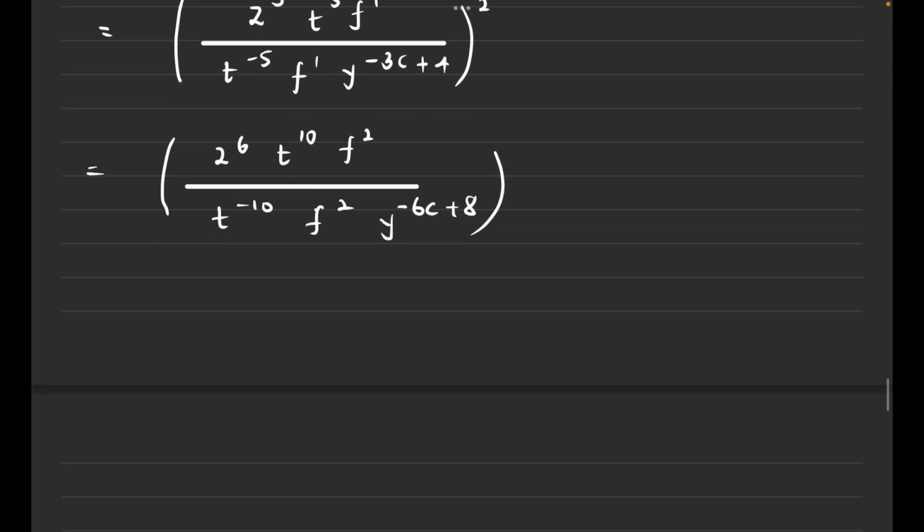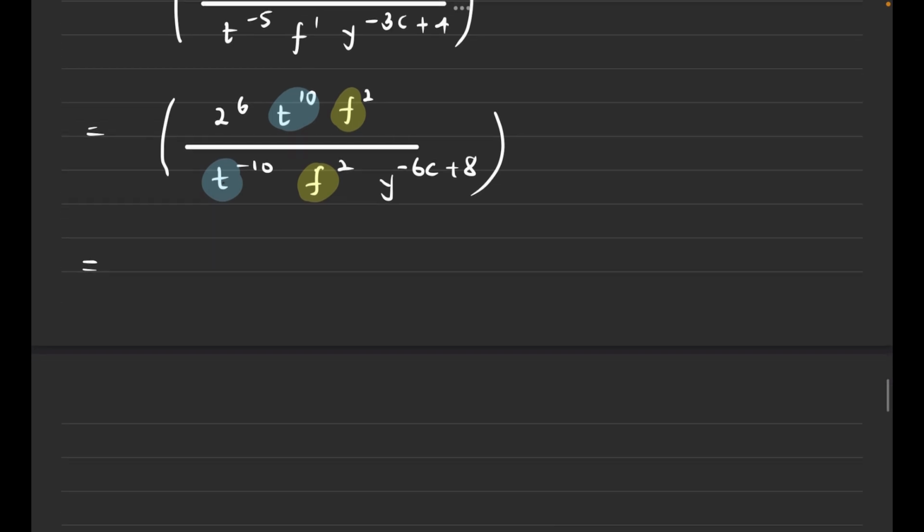Okay, guys. So now what I'm going to do is that I recognize that there is t to the 10, t to the minus 10 here. Those bases are the same. I recognize f and f, that is also the same. And then y is just chilling over there on its own, right?